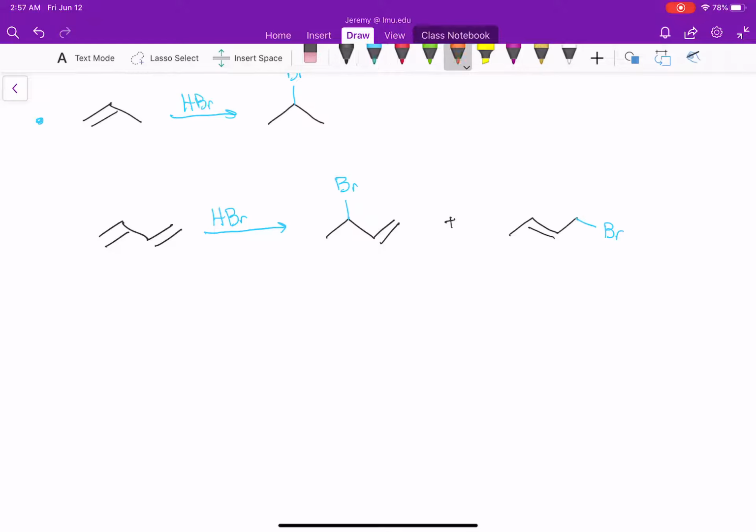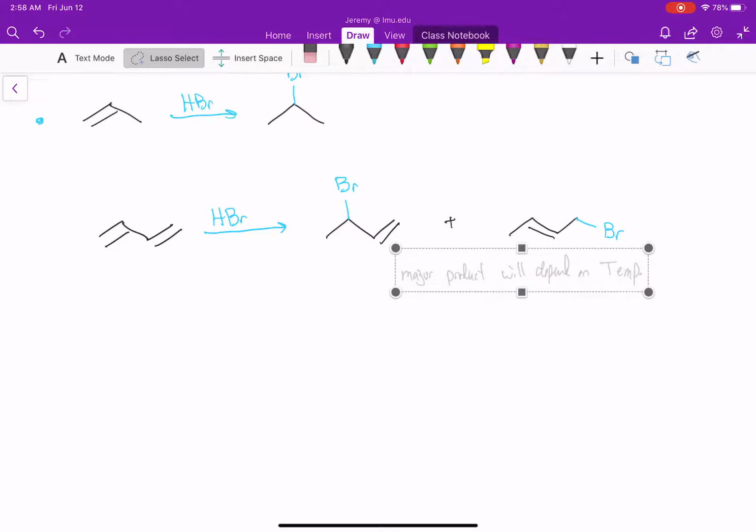And what we're going to see is the major product will depend upon temperature. So the major product will depend on what temperature we run the reaction at. Okay, so we can control this reaction and the major product based on temperature.